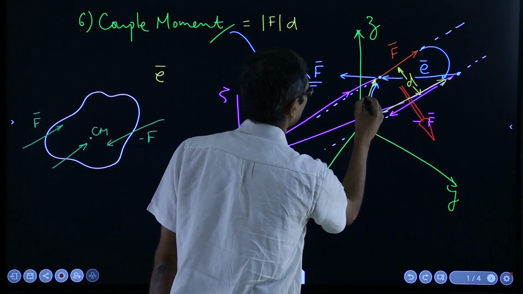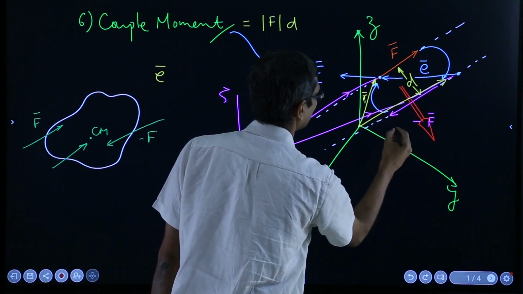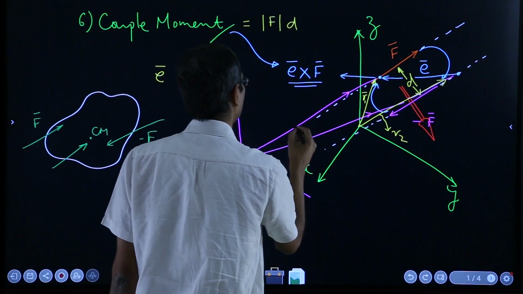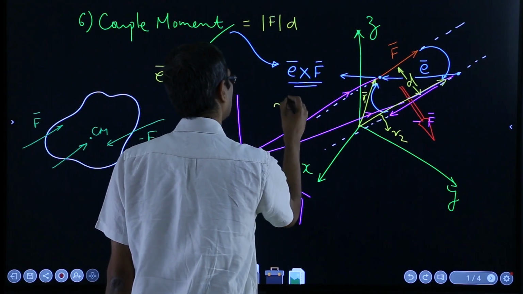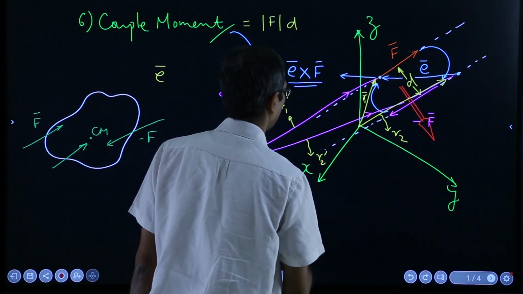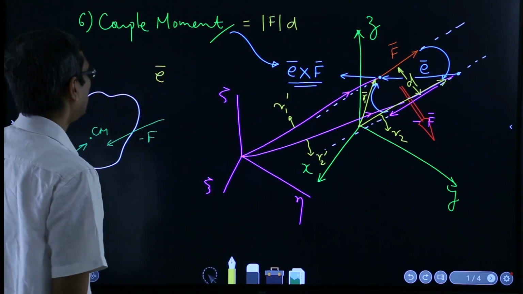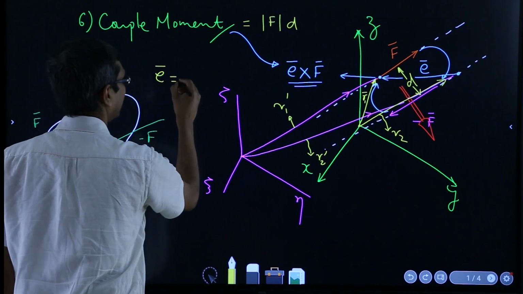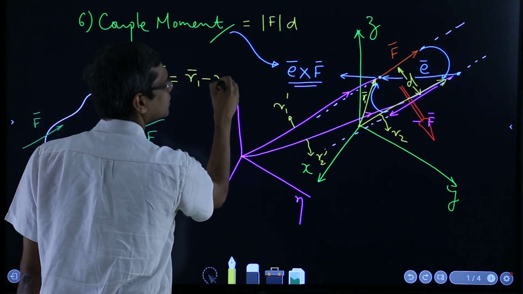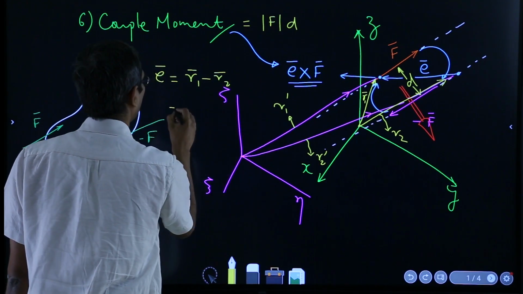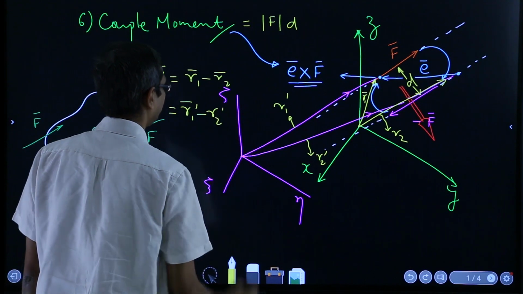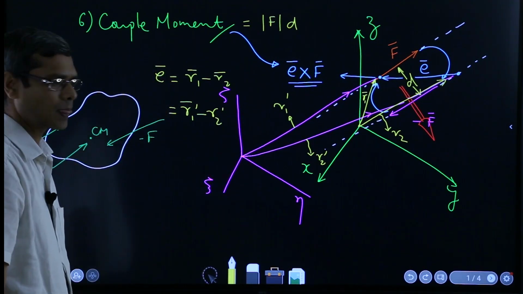For example, suppose this is R1 and this is R2, and this is R1 prime and this is R2 prime. Okay. Now, E is the same: R1 minus R2 is also equal to R1 prime minus R2 prime. They are the same.